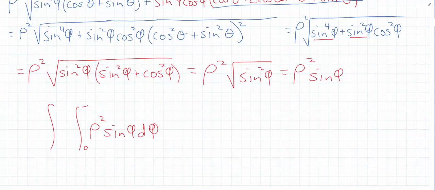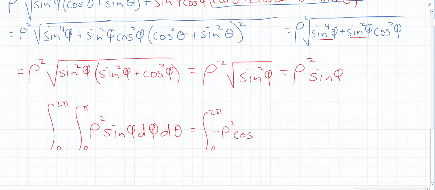And phi goes from 0 to pi. And then theta is going to go from 0 to 2 pi. So now let's see what we have here. From 0 to 2 pi, and then the antiderivative of sine is negative cosine. So rho squared cosine phi from 0 to pi d theta.